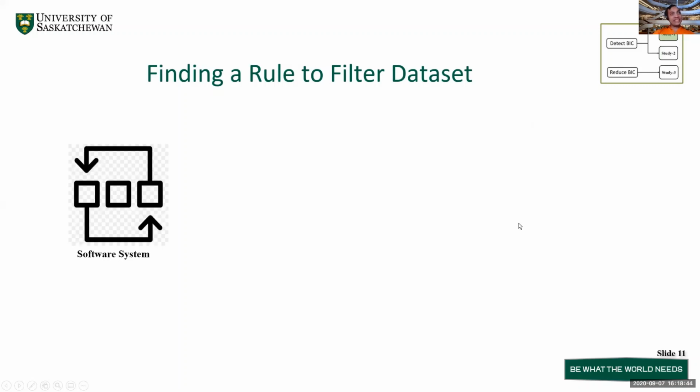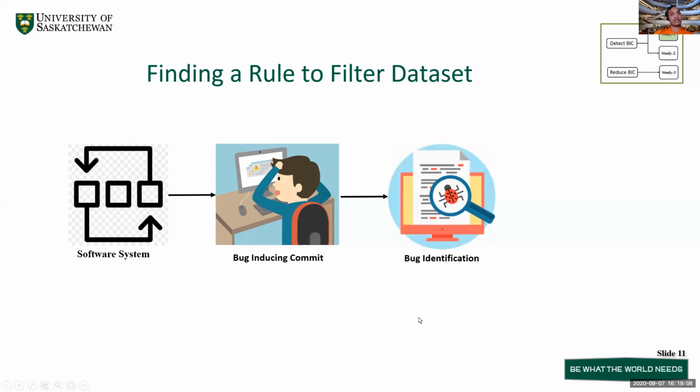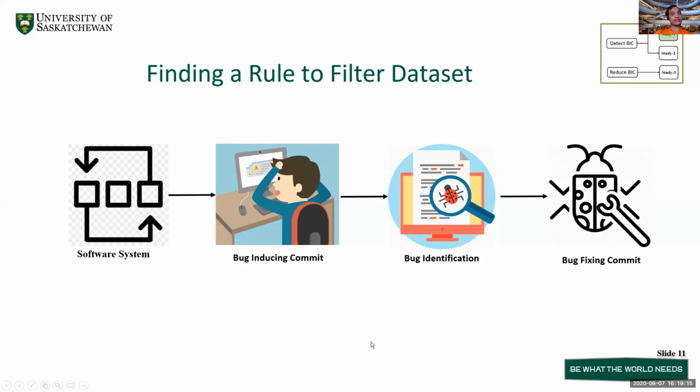Now, what do I mean by tool-based data set filtering? Let's consider a software system which was working well, but someone did a commit, and after that commit, the software system becomes buggy. What would be the next step? The bugs should be identified, reported, and fixed.